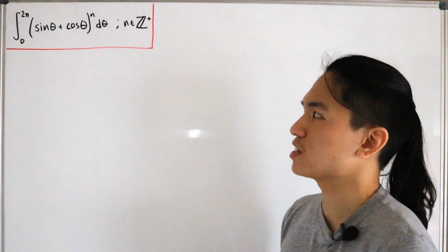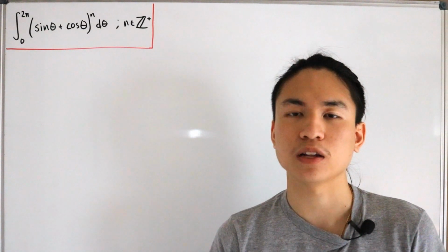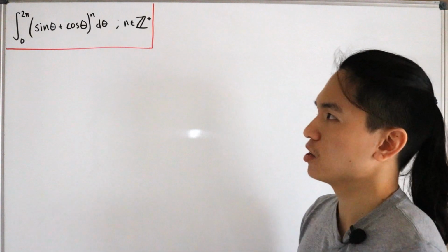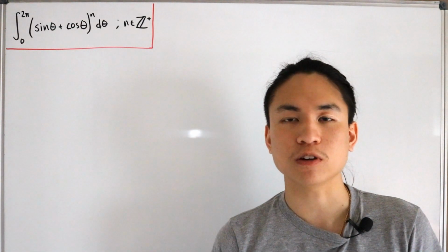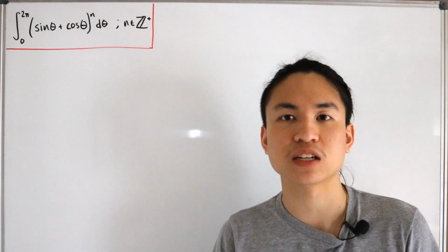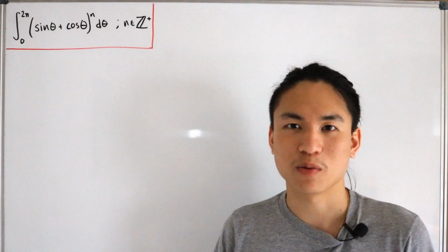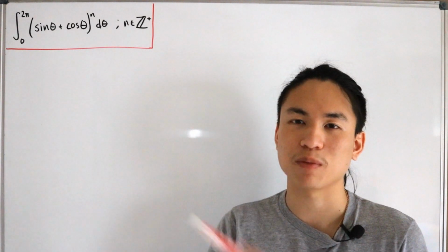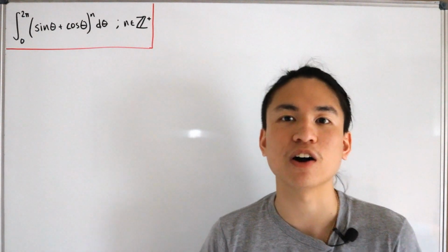So if you notice that sine theta plus cosine theta, that's my first takeaway on the first step, is that you can actually convert these into exponential functions, and the representations of those actually contain the imaginary unit. So we're actually going to be jumping into the world of complex analysis to evaluate this integral, which is going to be very fun.